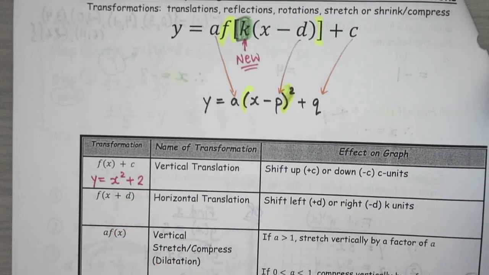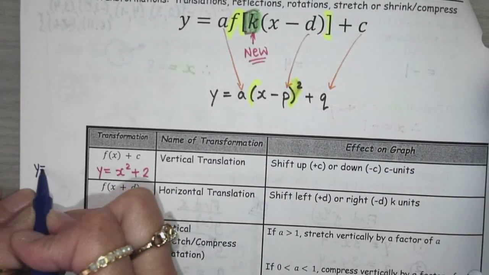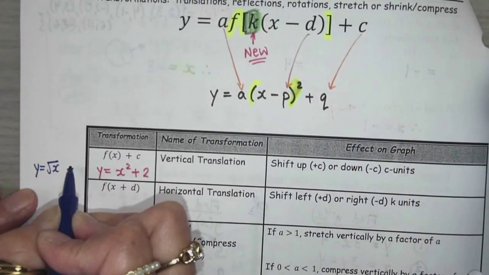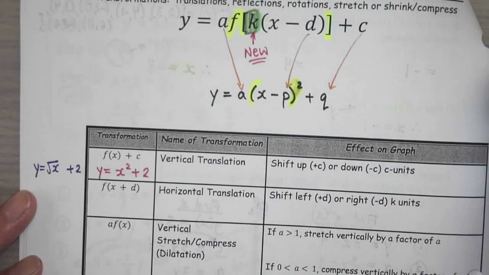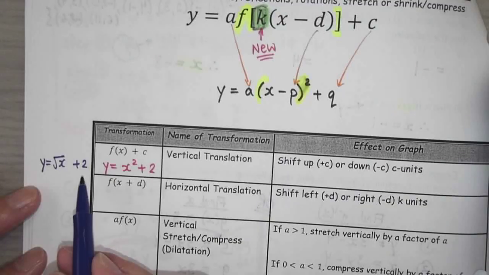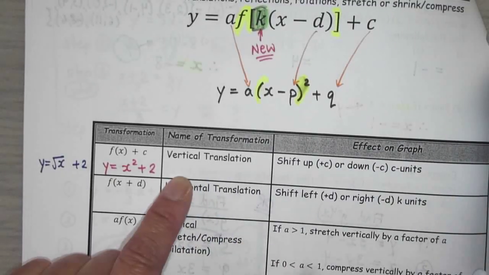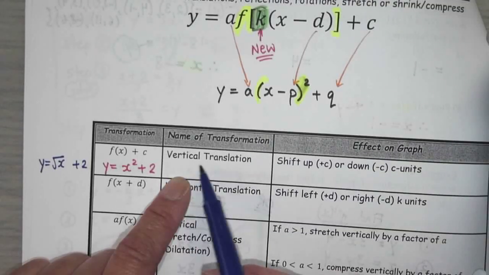So what we're going to do now is take other parent functions and say have y equals square root of x plus 2. So that's what we're aiming for, we're going to have other parent functions and add a number to it or subtract a number. That is a vertical translation. So a number after the function, plus or minus, is a vertical translation.